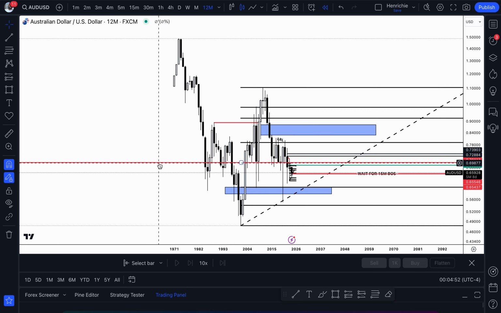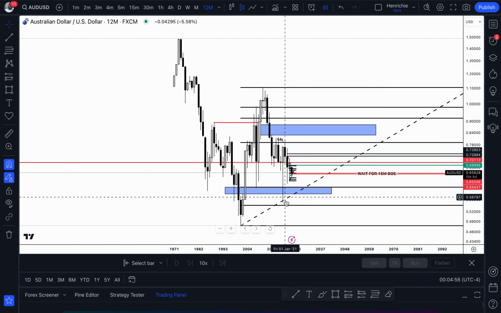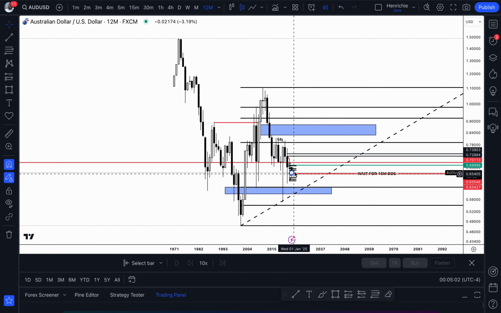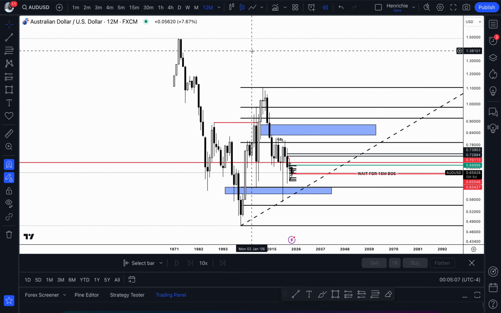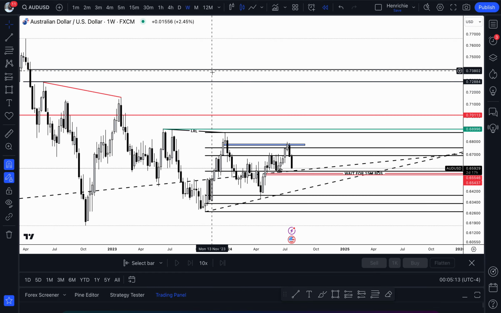From the 12-month time frame perspective: a high, a low, a break of structure, a retest, mitigation, run on liquidity, extreme discount, after that expansion. So I wouldn't be surprised to see price show some level of reaction from there and then continue to the upside, because overall I'm still very, very much bullish.